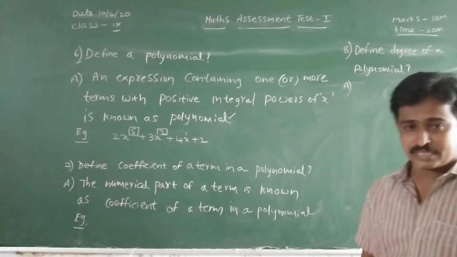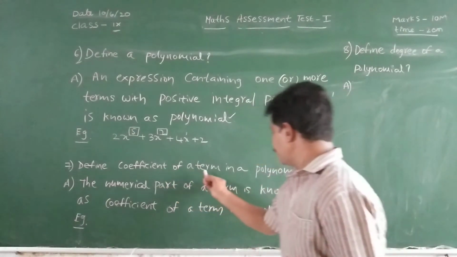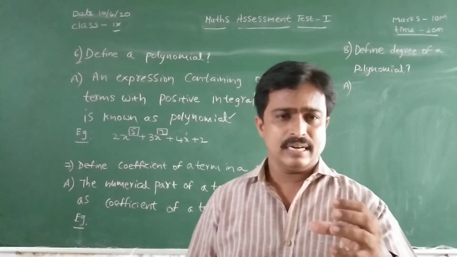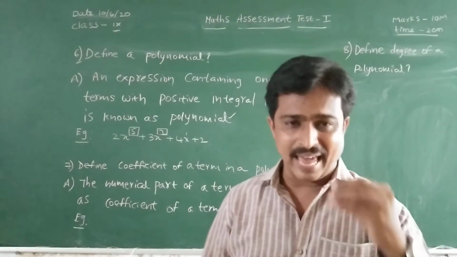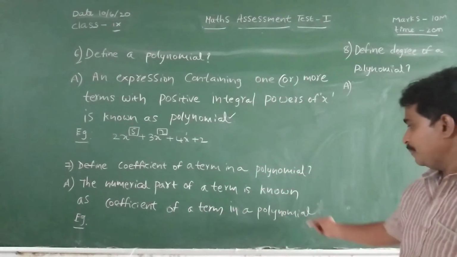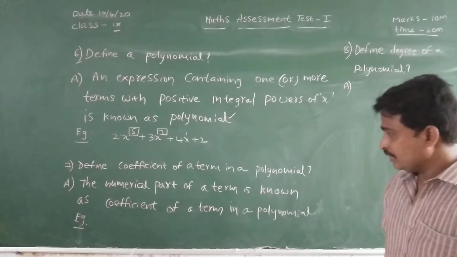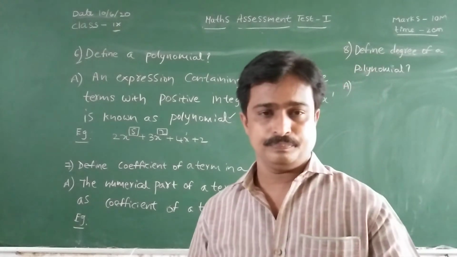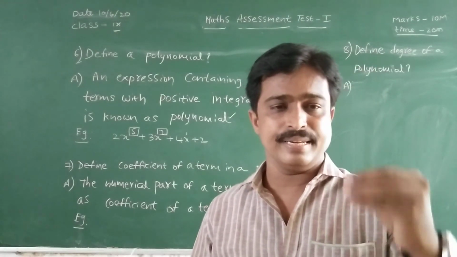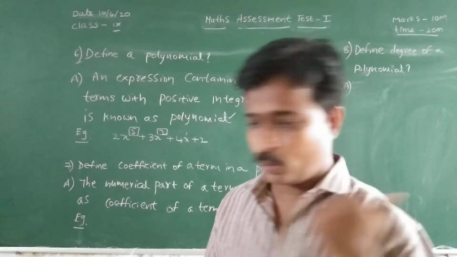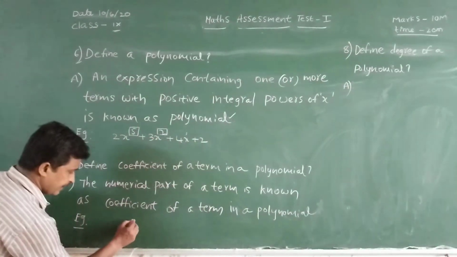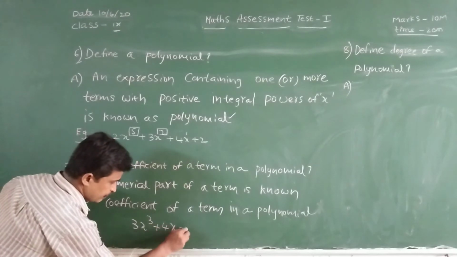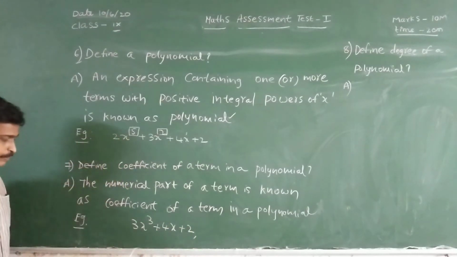Coming to question number 7, define the coefficient of a term in a polynomial. Coefficient means the numerical part of the given term. For example, I take 3x cube plus 4x plus 2, some polynomial.